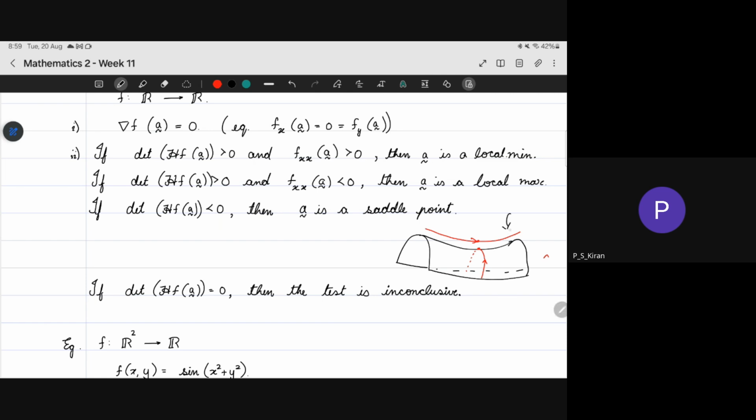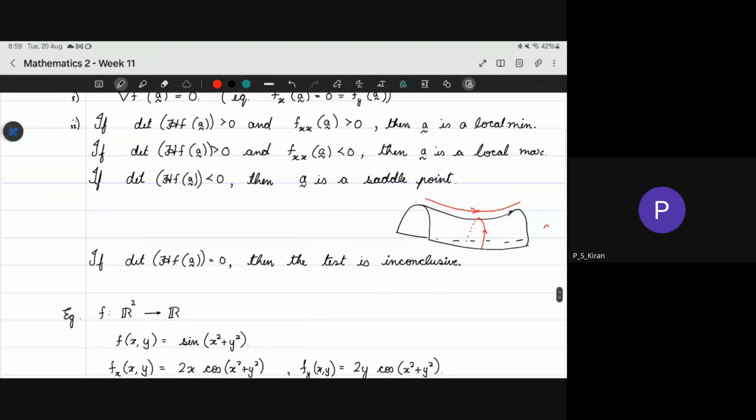In this direction, it's a minimum, and in this direction, it's a maximum. Do you see that? Hopefully, you do.